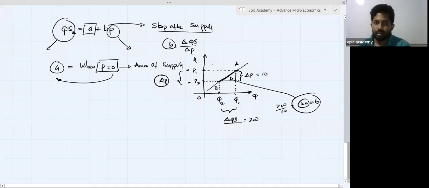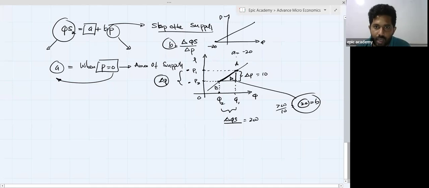If we discuss that in the supply curve, just consider this is Q and this is P. This is the supply curve, and it starts from a minus value, so A must be minus 20.